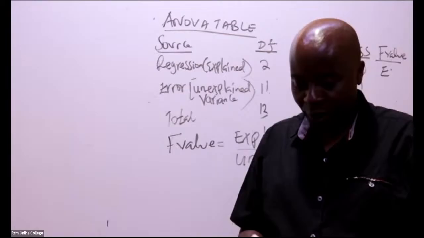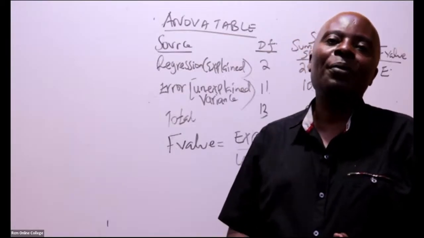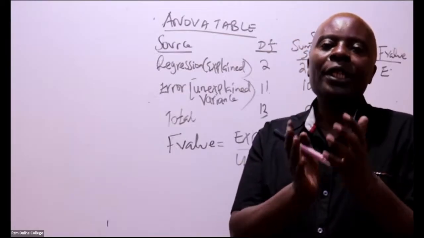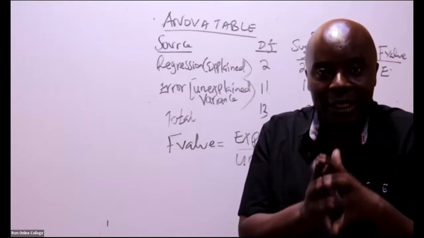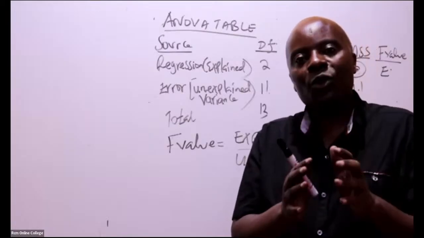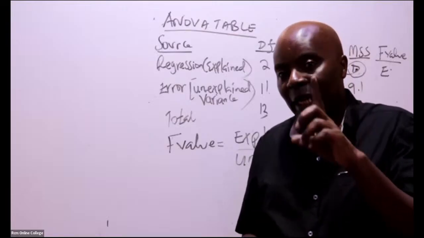So there will be variation which is unexplained, and there is variation that regression will be able to explain.